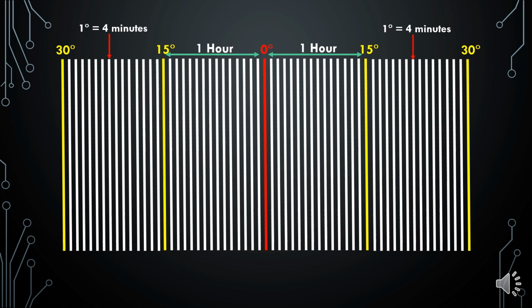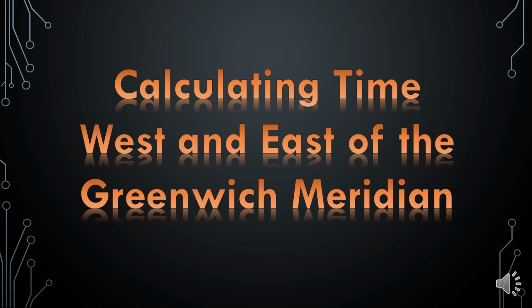One of the things we need to also make clear is that as the Earth rotates from west to east, it rotates 15 degrees each hour, and it also rotates 1 degree every 4 minutes. Now we will calculate time west and east of the Greenwich meridian.